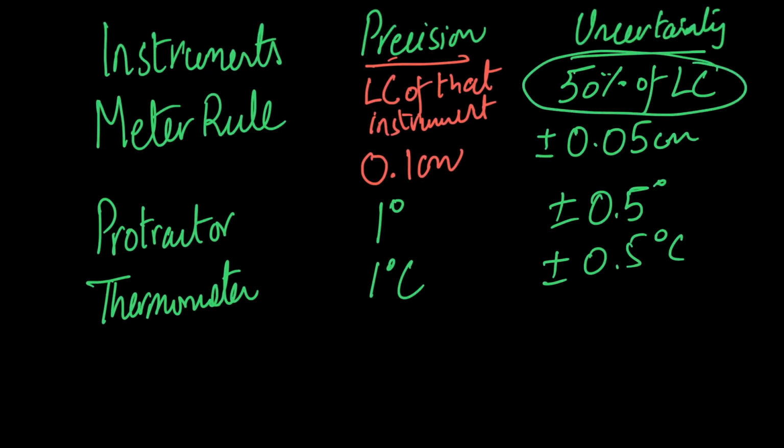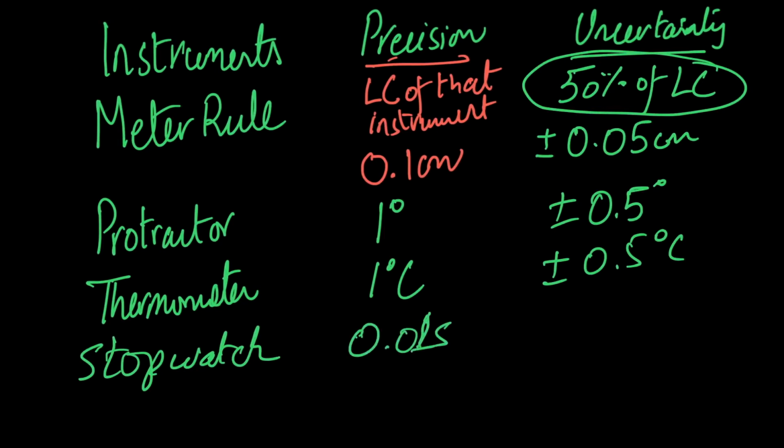Only for stopwatches, for example, if you talk of a stopwatch, and if you've used it in the lab, a stopwatch measures to an accuracy of 0.01 second, at least the ones that we use in the lab. 0.01 second, unka sabse chota number hota hai. Now, for a stopwatch, you cannot use the same logic.